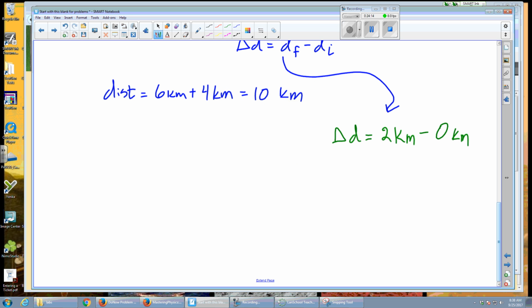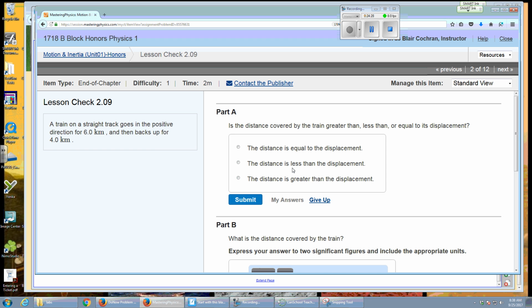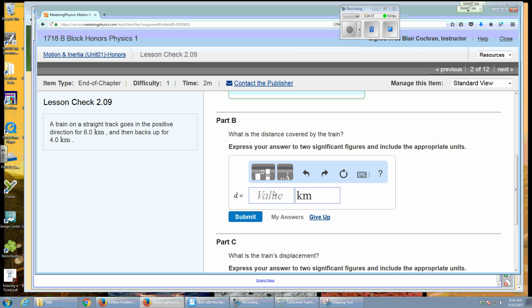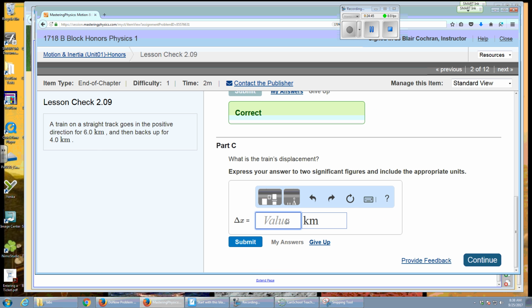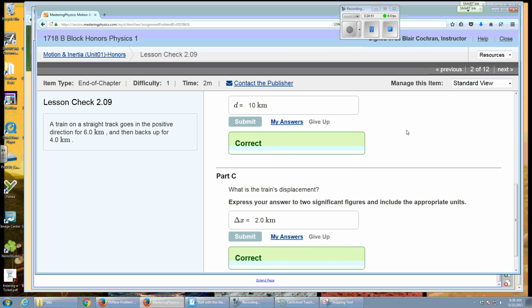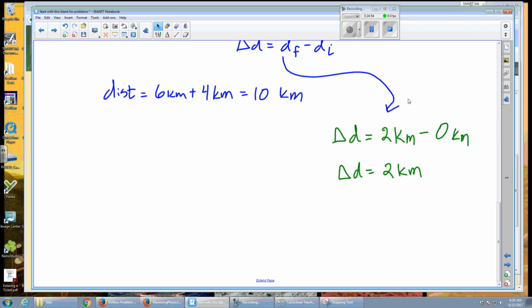And so my displacement is going to be 2 kilometers. Let's see if I got it right. Distance is greater than displacement. Yes. Distance covered by the train, 10 kilometers. Displacement, 2.0, because that's for 2 sig figs. And that'll do it on that one.